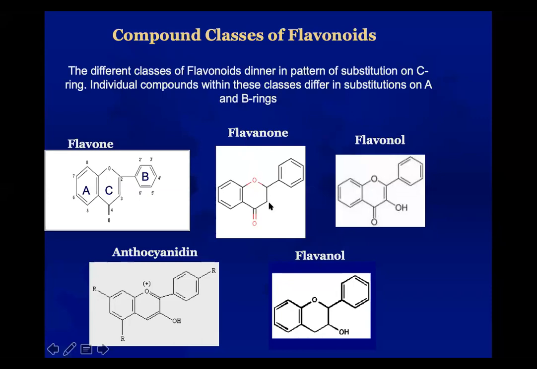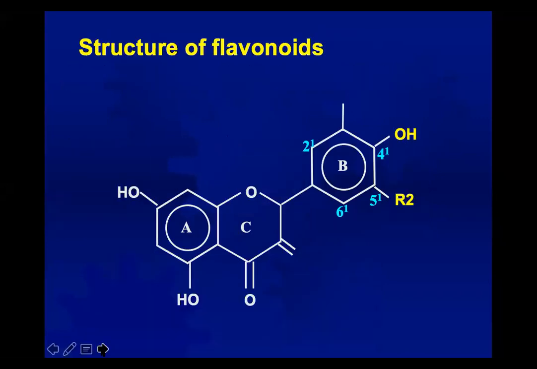Flavanone does not contain a hydroxyl group here, but flavonol contains a hydroxyl group. So flavonol contains oxygenation here, and flavanone has no oxygenation. Almost everything else is similar. So this structure you need to memorize. You may be asked to draw the structure of different classes of flavonoids with examples, then you can write.